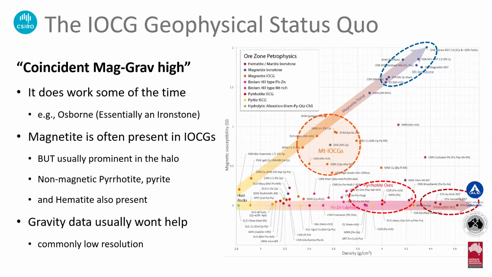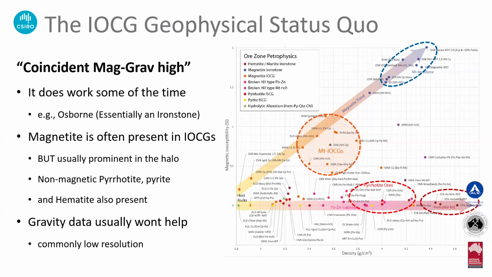So you see Osborne up there, it's incredibly magnetic and incredibly dense. Anything that's got a lot of magnetite in it, absolutely. Most IOCGs are nowhere near that. They're still relatively magnetic and quite dense. These are the magnetite-rich ones.